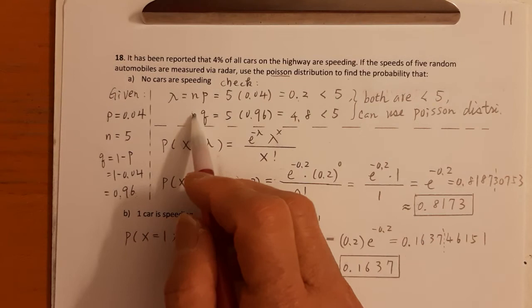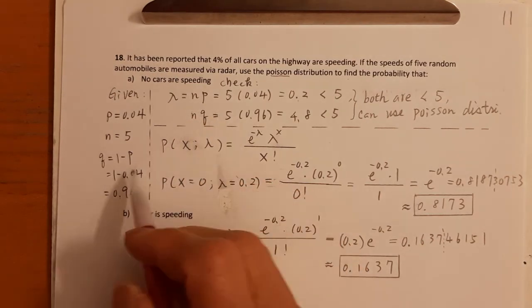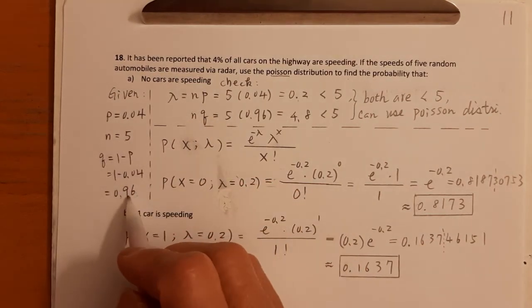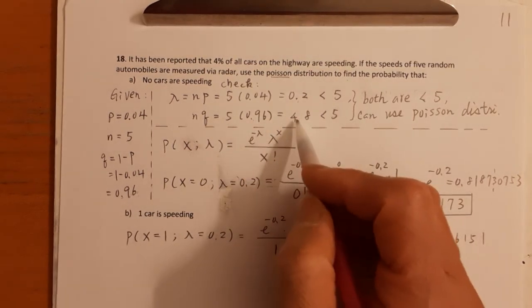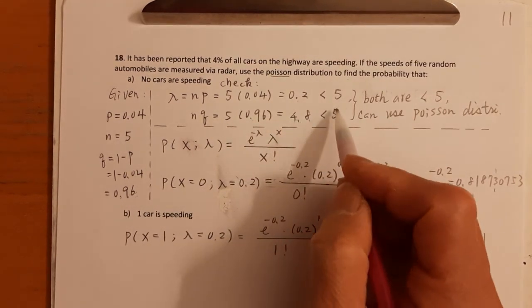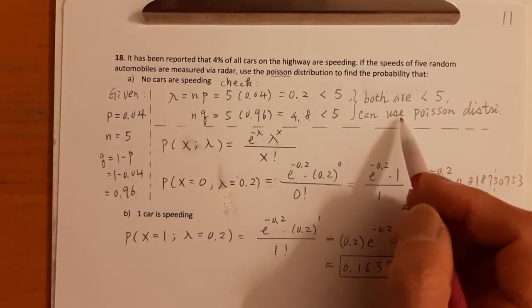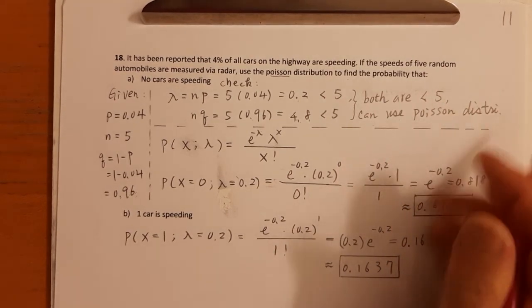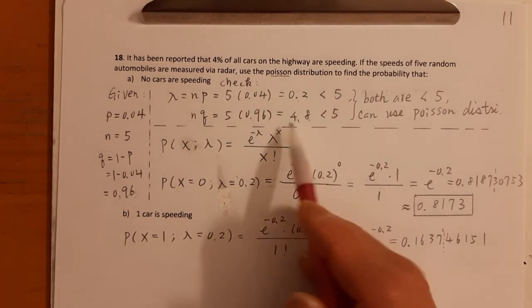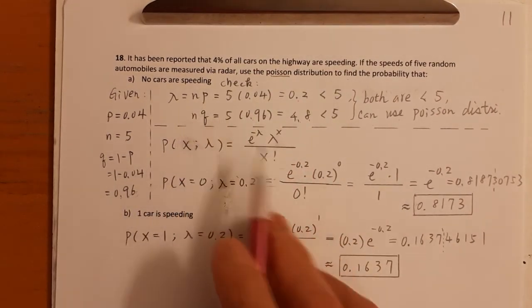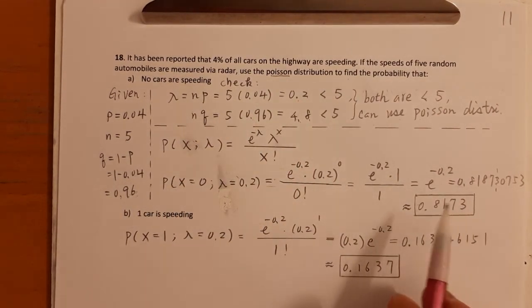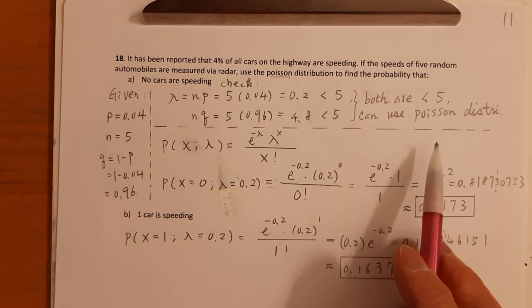And also check n times Q. N is 5, Q is 0.96, multiplied together is 4.8, which is also less than 5. When both np and nq are less than 5, then we can use the Poisson distribution.